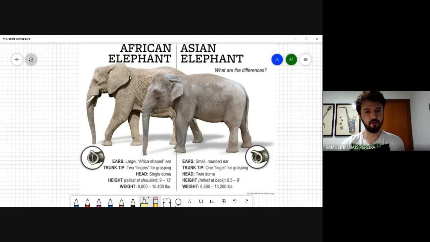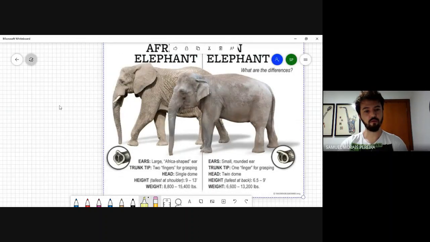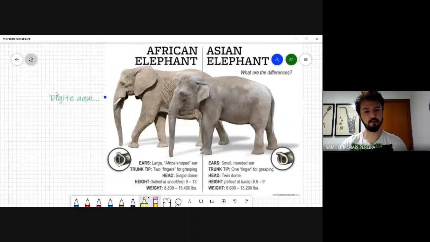When you compare the two elephants, you notice a difference. The difference is in size, no tamanho, okay? So, how do I say this? A orelha do elefante asiático é menor que a orelha do elefante africano.